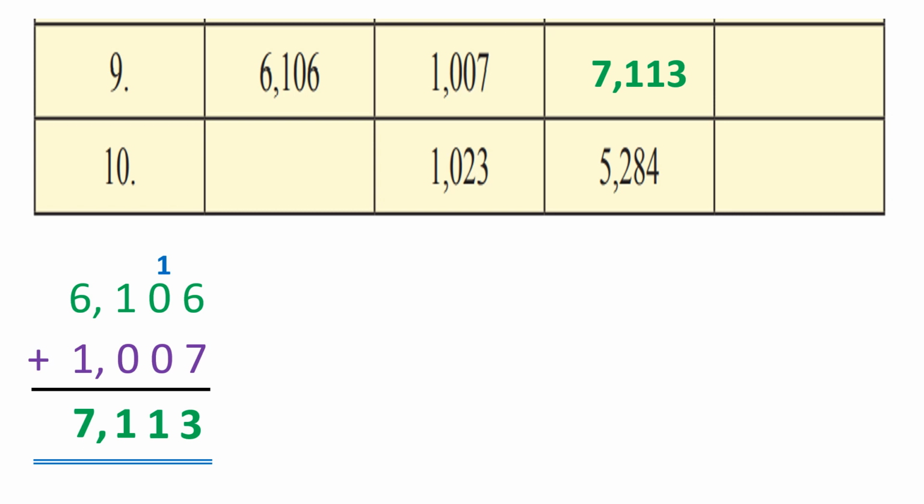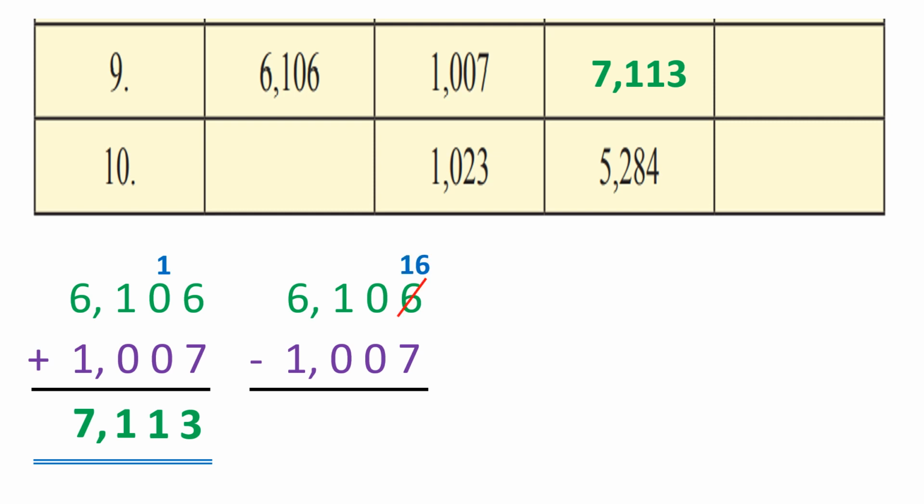And for the difference, you subtract 6,106 minus 1,007. First, you subtract 6 minus 7. Cannot be. You borrow from 1 here. It becomes 0, and the 6 becomes 10. Then you borrow from 6. 6 becomes 16. 16 minus 7 is 9.